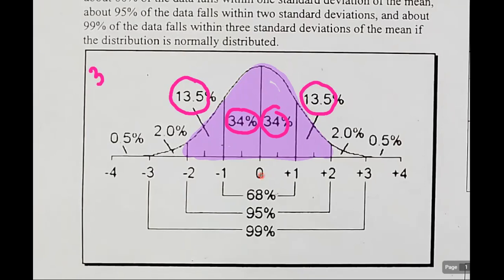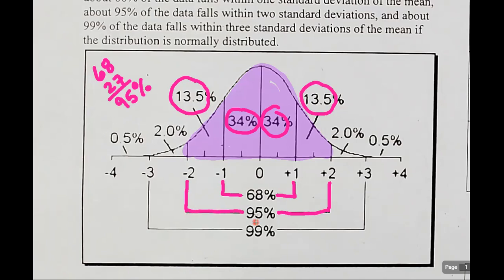If I take 34 and 34, which is 68, and add it with 13.5 and 13.5, which is 27, I end up getting 95%. So that's where they got that 95% falls within 2 standard deviations. Here you see them saying that 68%, the 34 and 34, is 1 standard deviation. And this 95 is 2 standard deviations away.